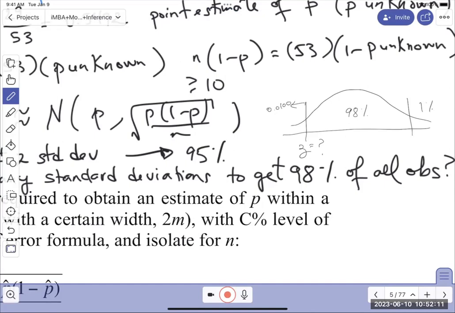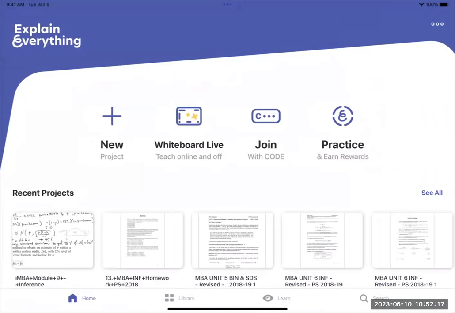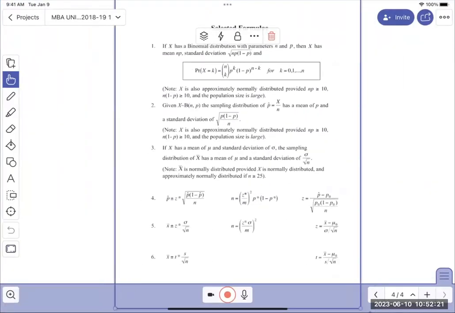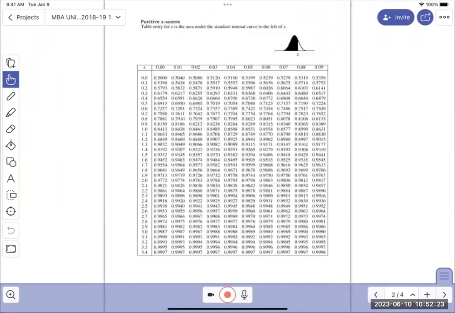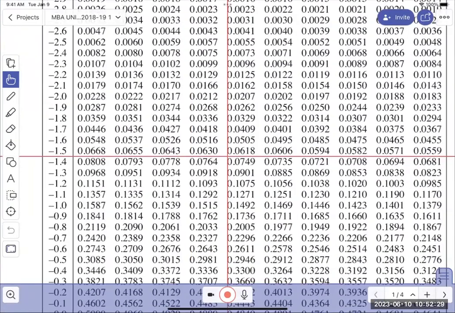So you can go to your table. And you're looking for a 1% inside the table, right?